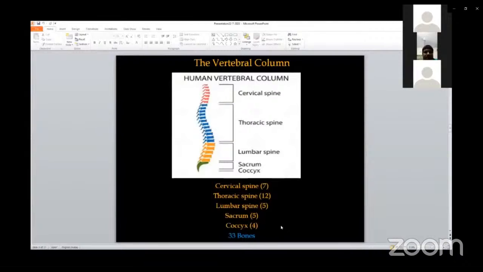Next one is classification of bones on the basis of shape. Here we are going to learn the types of bones on the basis of their shape, or we can say their structure. The first type of bone is long bones.